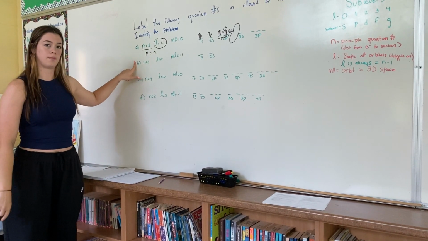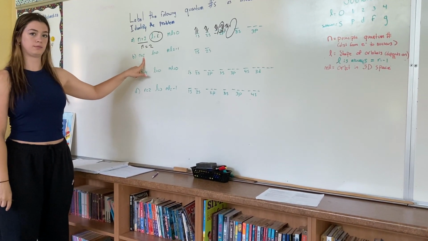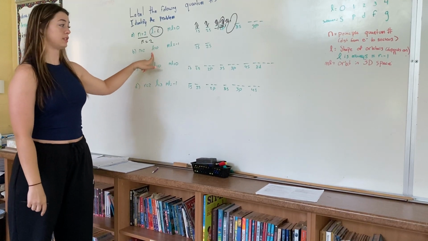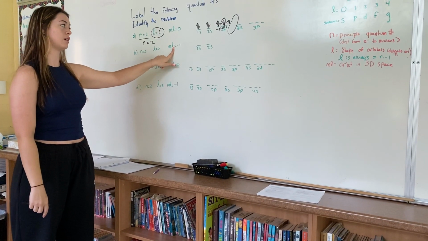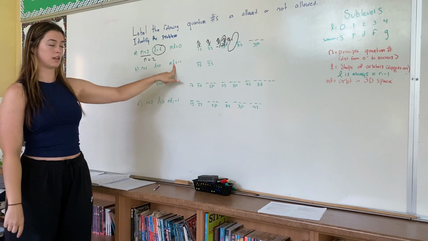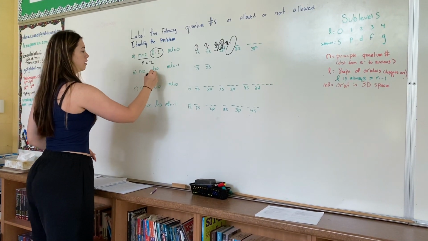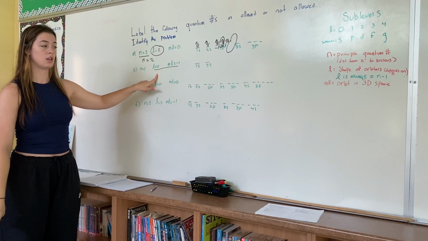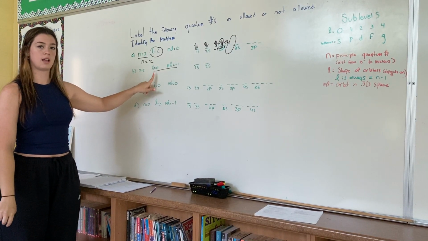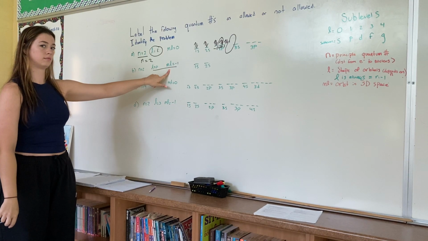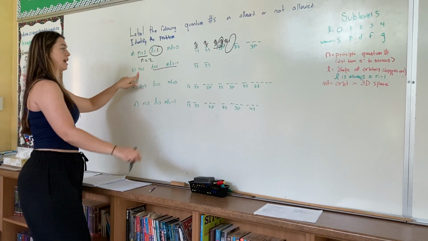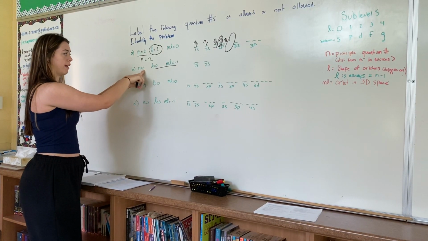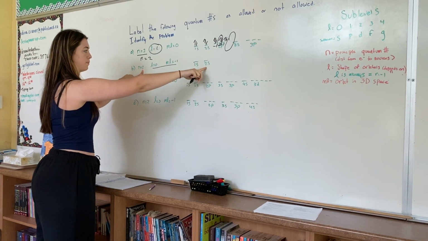Our second example, we have N equals 2, L equals 0, and ML equals negative 1. Our problem here is that our ML is dependent on our L. So if L is 0, ML must be 0. So what this is saying is that we're looking for our second sublevel, which is this one.